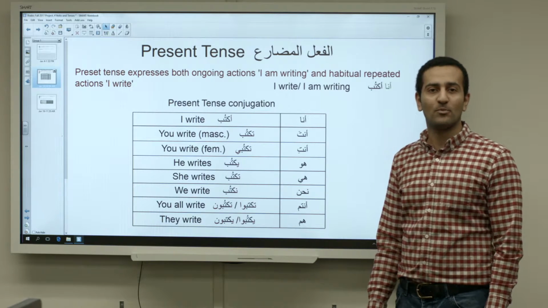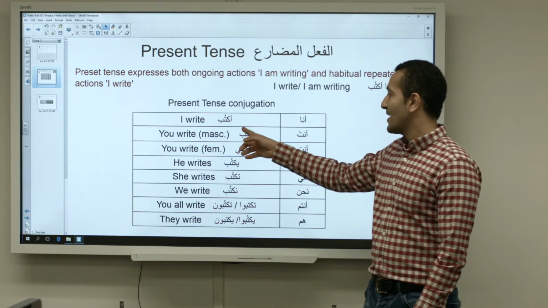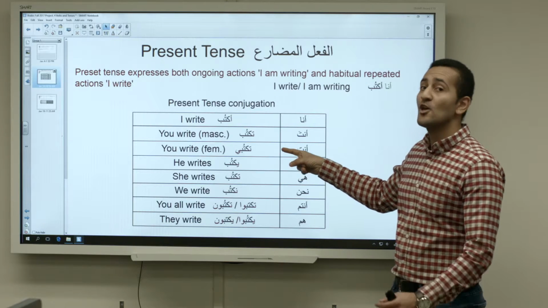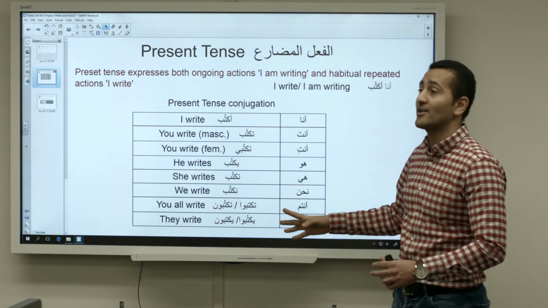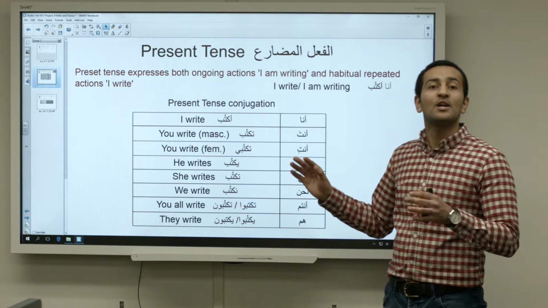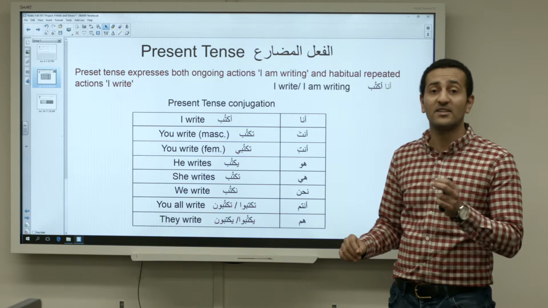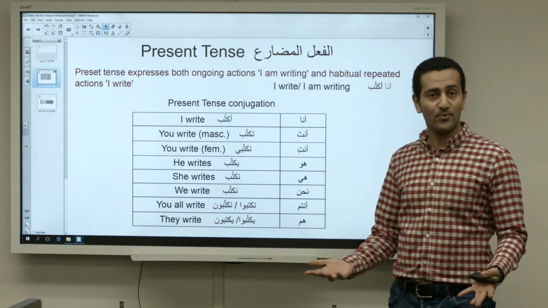Usually I wouldn't say أنا أكتب, I would say just أكتب, because anyway أكتب is different than تكتب. You masculine write is different than you feminine write singular, and it's different than he writes, she writes, you all write, they write. The verb itself is different because we add a suffix or prefix or both, and they are different from one pronoun to another. That's why we don't need the pronoun.